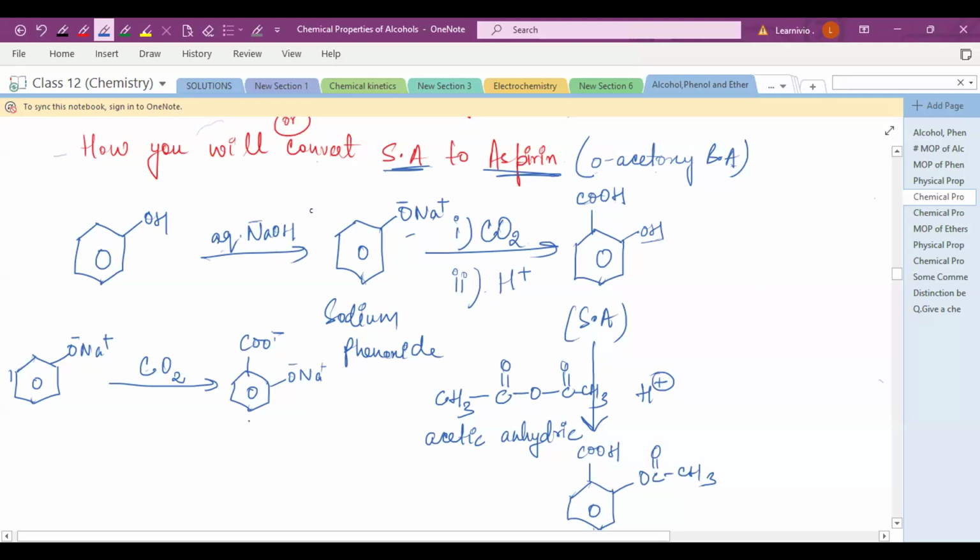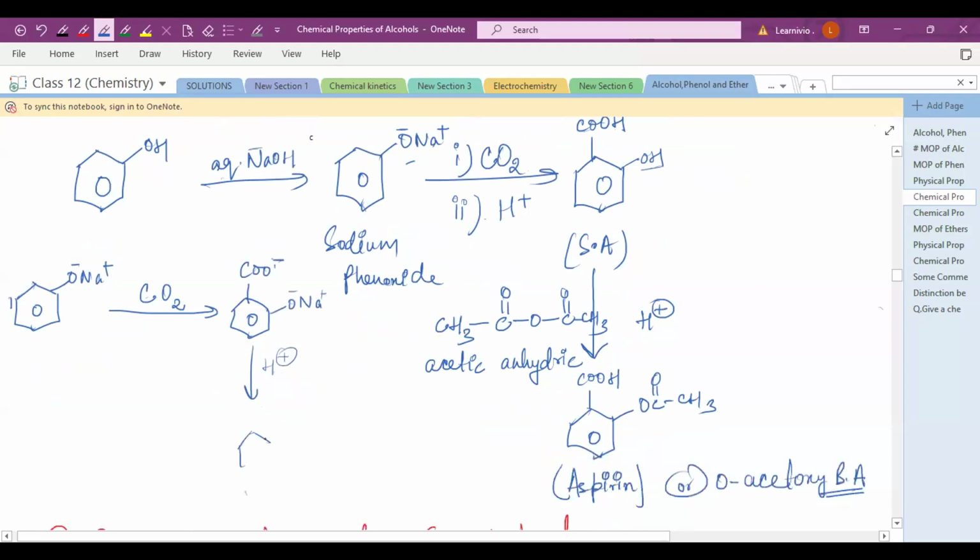So this reaction happens. After that, when you give the H plus ion, in the acidic condition, here you get COOH, Na will be removed and OH will be there. So this is your salicylic acid.